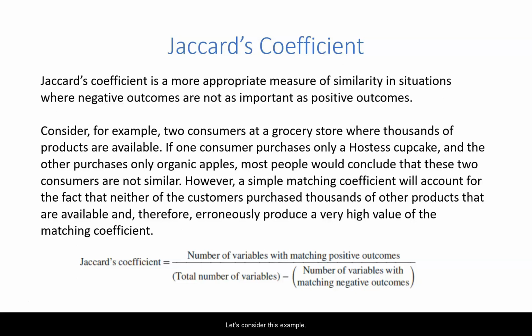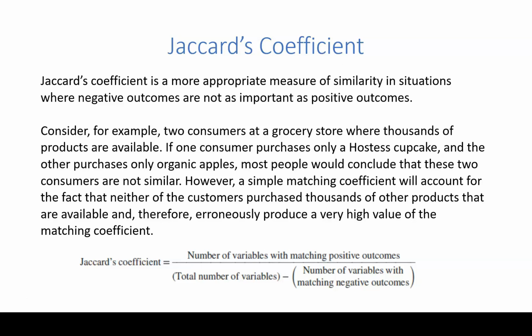Let's consider this example. 2 consumers at a grocery store where thousands of products are available. If one consumer purchases only a Hostess cupcake, and the other purchases only organic apples, most people would conclude that these 2 consumers are not very similar to each other.